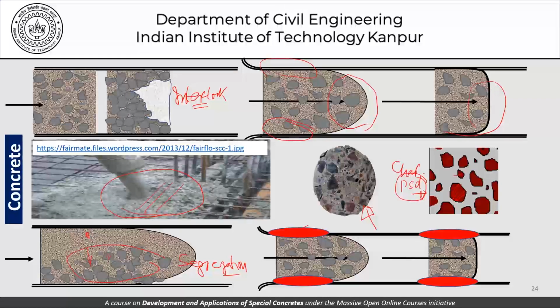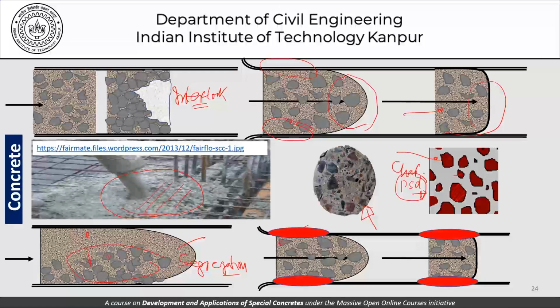In other words, this concrete is being represented through these kind of pictures. And when we are trying to proportion a mix, we are trying to determine the properties of the mortar phase, that is shown here in different ways, and the coarse aggregate phase, which is shown here, and make sure that the concrete doesn't segregate.